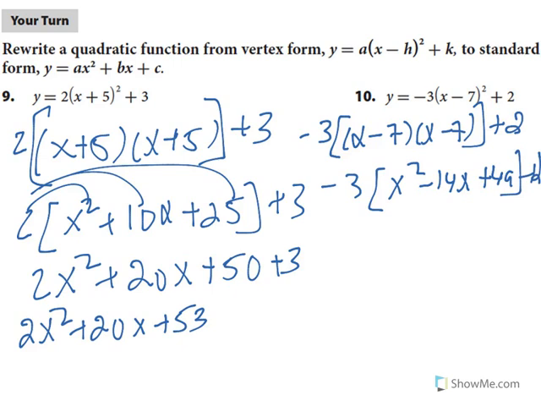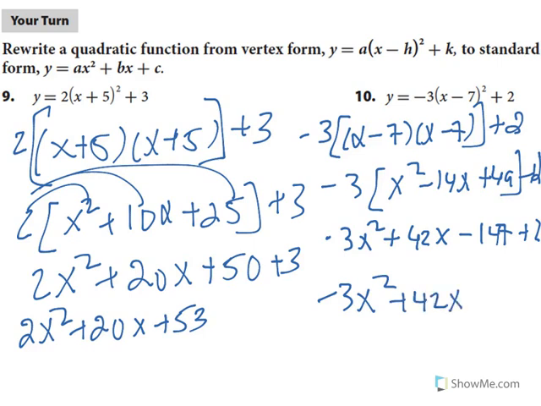So distributing the negative 3, we get negative 3x squared plus 42x, and a negative 147, and then plus 2. So negative 3x squared plus 42x and a negative 147. Let me change that.